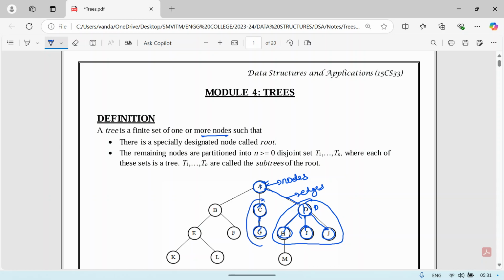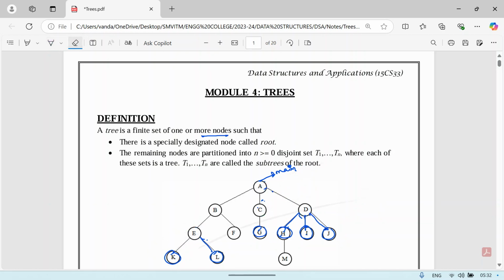So you can consider this as one tree. Okay. So this would be the main tree, and these are subtrees. For example, over here, this is one and it has two other nodes. So this can be considered as one subtree. Okay. So you have to remember all of this.